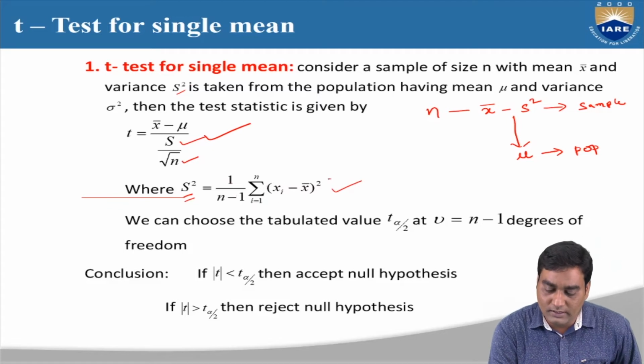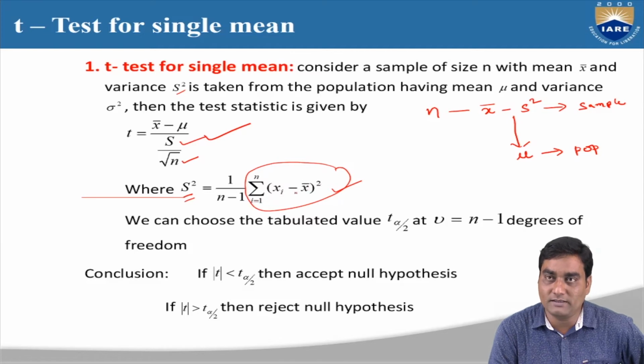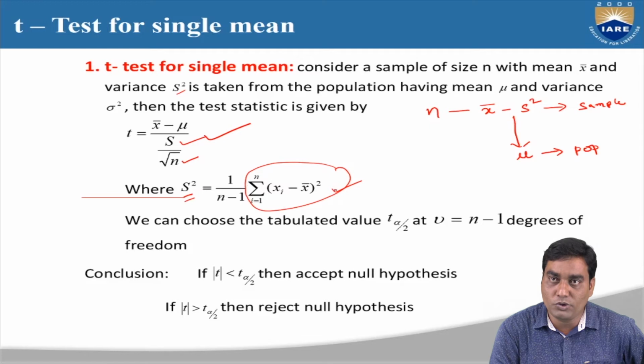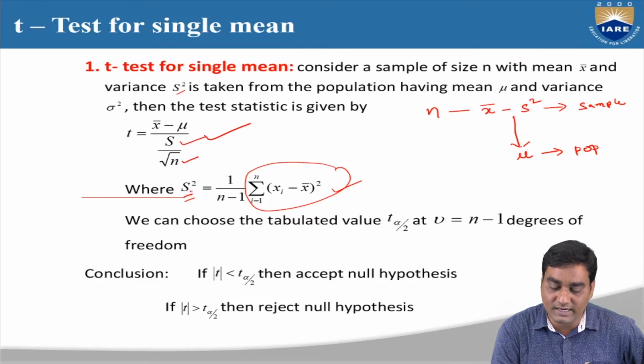This means the sum of squares of deviations from the mean x bar. By using this formula we can calculate s square. After getting s square we can find s equal to under root of s square.